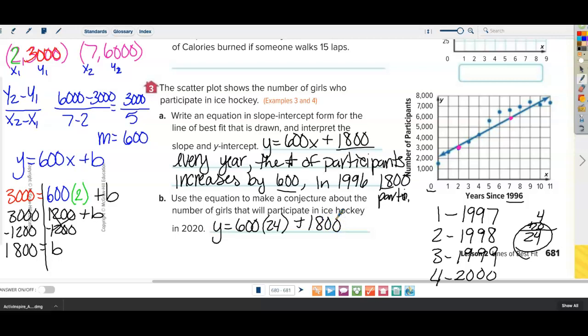So I would multiply first, 600 times 24, and then I would add 1,800. And I get y equals 16,200. I typed that all into my calculator, by the way. So we would expect in the year 2020, 16,200 participants.